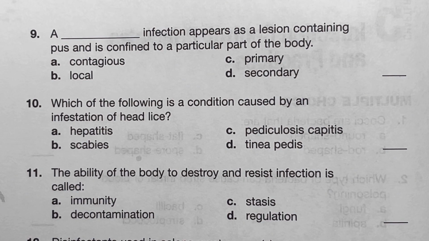Number 11. The ability of the body to destroy and resist infection is called A. Immunity, B. Discontamination, C. Stasis, D. Regulation. And the correct answer is A.